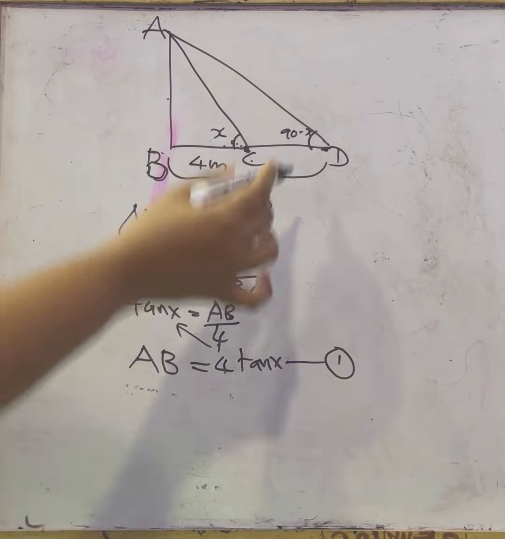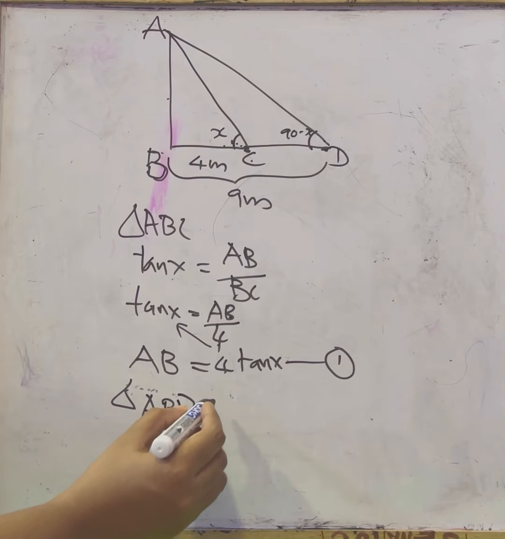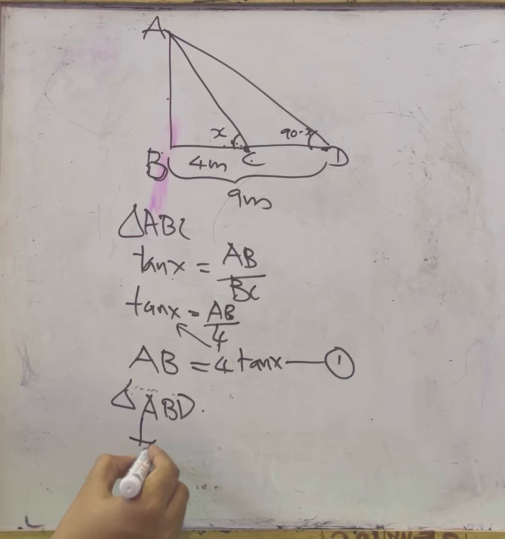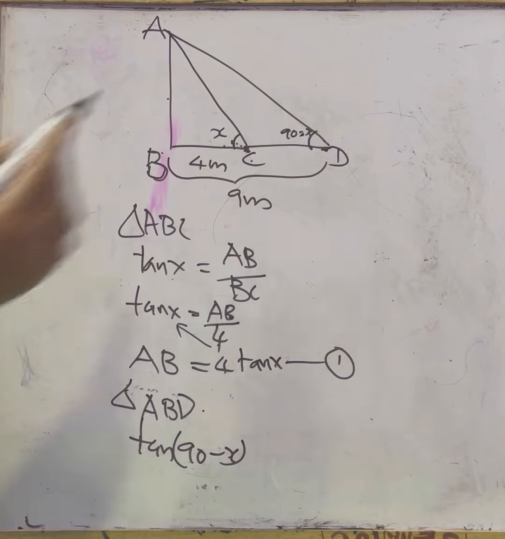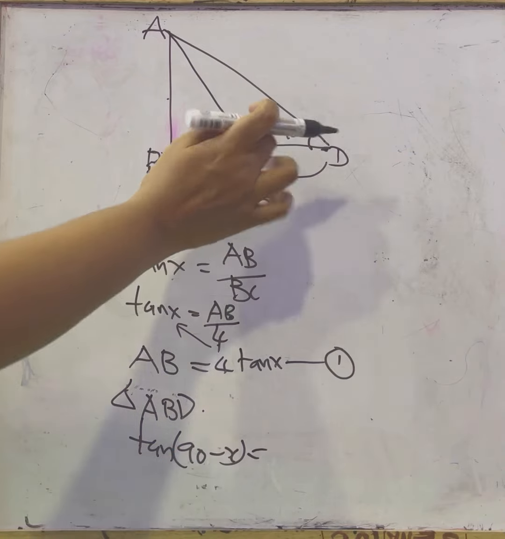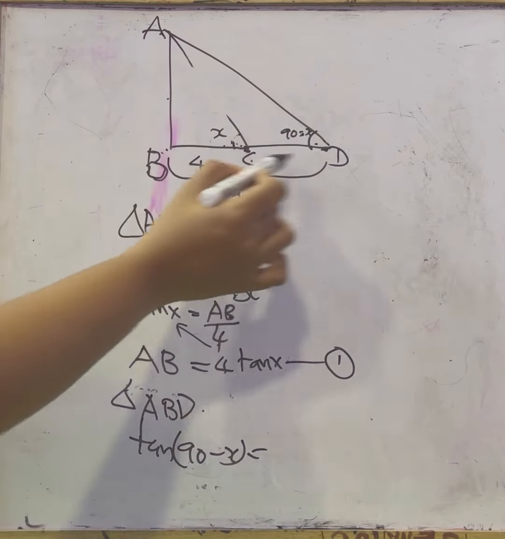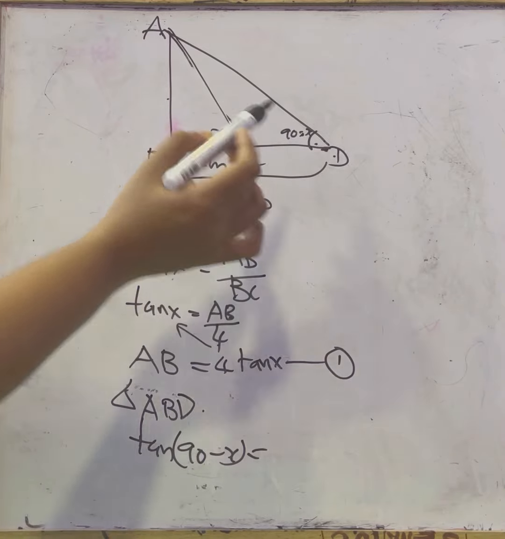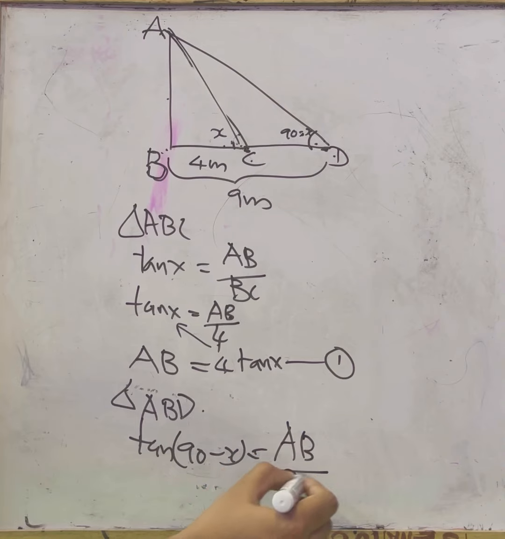Now from the other triangle, that is triangle ABD, the bigger one, we can see tan 90 minus x. Here the angle is 90 minus x, and tan 90 minus x is equal to, according to this angle, this is the opposite side and this is the adjacent side. So that is AB by BD. Again BD we know it is 9.